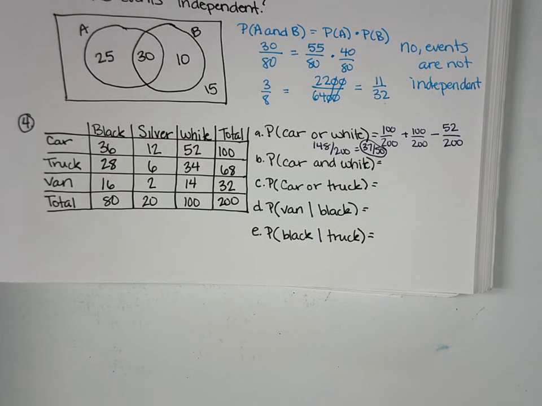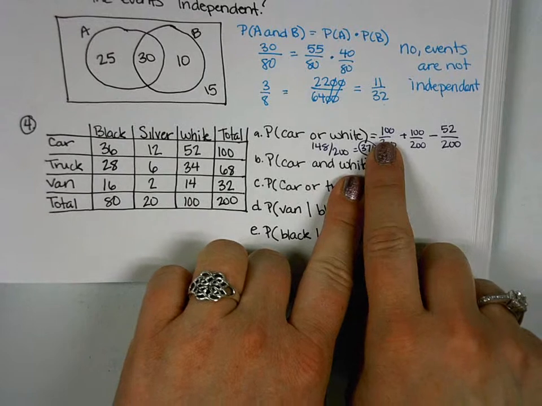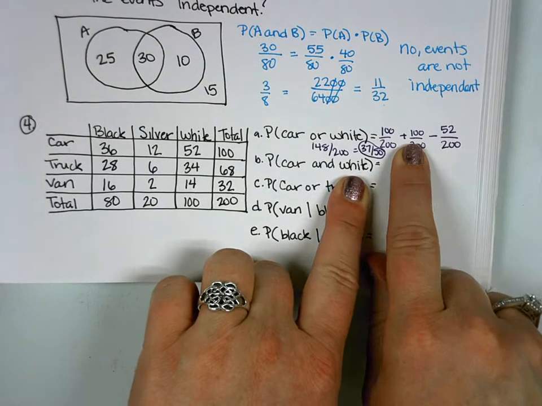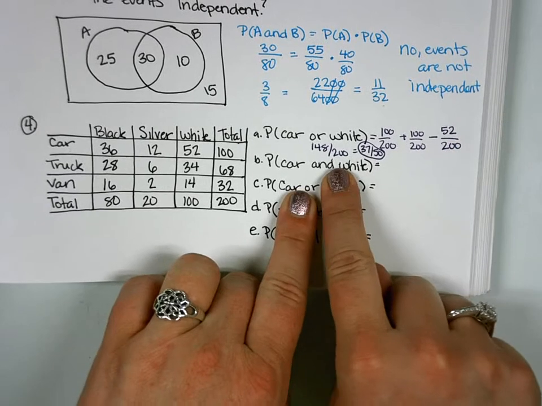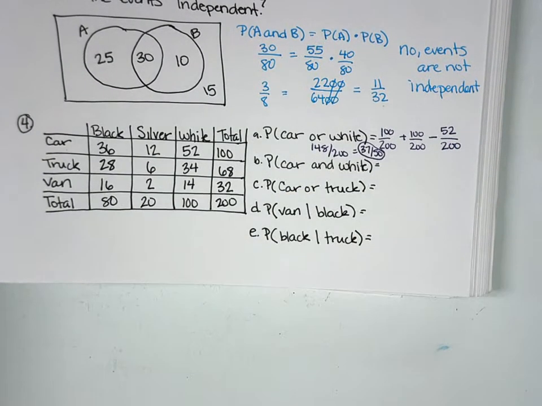Otherwise, your probabilities are going to be way too big. When I added these all together, 100 plus 100 was 200, and then minus the 52 gave me 148 over 200. Because when we add, we don't change the denominator, we just change the numerator.